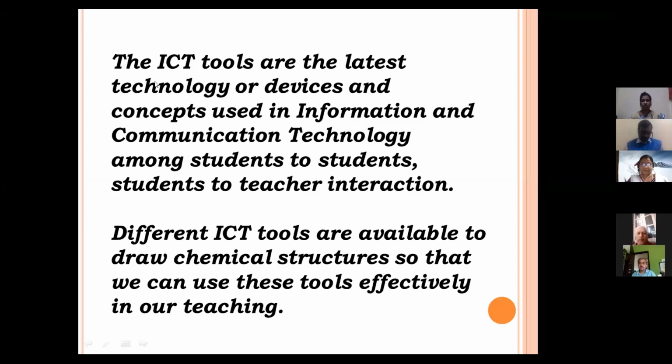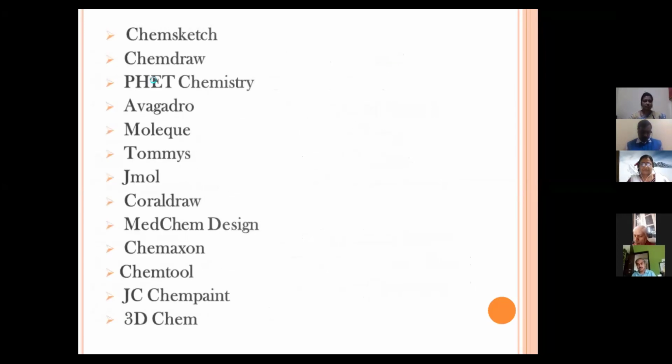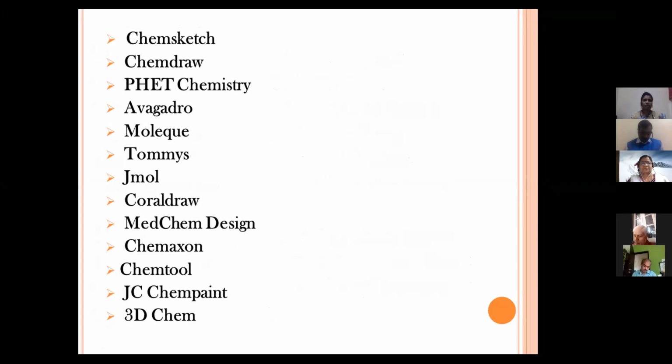But there are so many ICT tools. Apart from ChemSketch and ChemDraw, we also have PHET chemistry, Avogadro, Molecule, Thomas, JMol, CorelDRAW. All these are chemistry tools that we can use to draw structures.